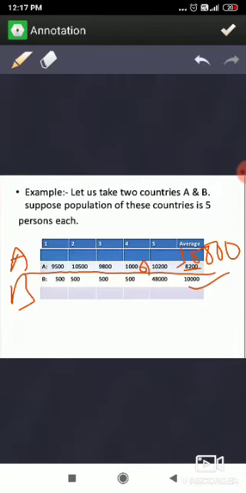The first four persons are earning very little, and the fifth one is earning a huge amount. So if you conduct a survey and ask the people which country they would prefer to live in, most probably the people will answer country A, because there is no huge gap among the incomes.